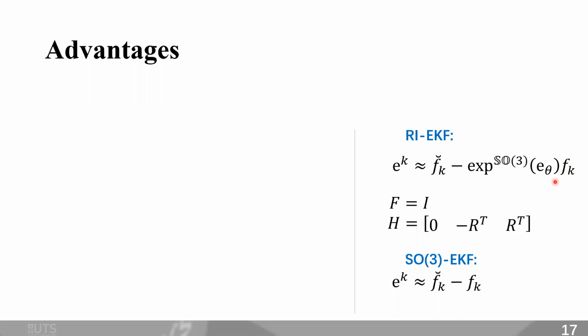So this is an error of the feature estimates, right? Right. So it transfers the nonlinearity of the models to the arrows, which makes the Jacobians simpler and gives them better properties.